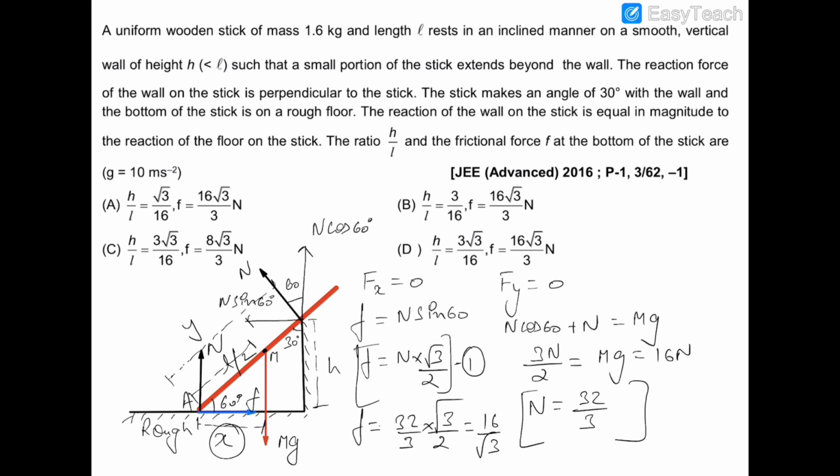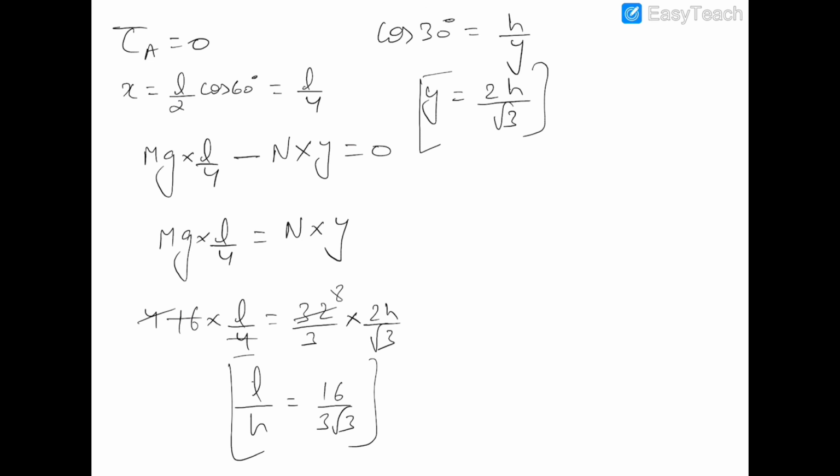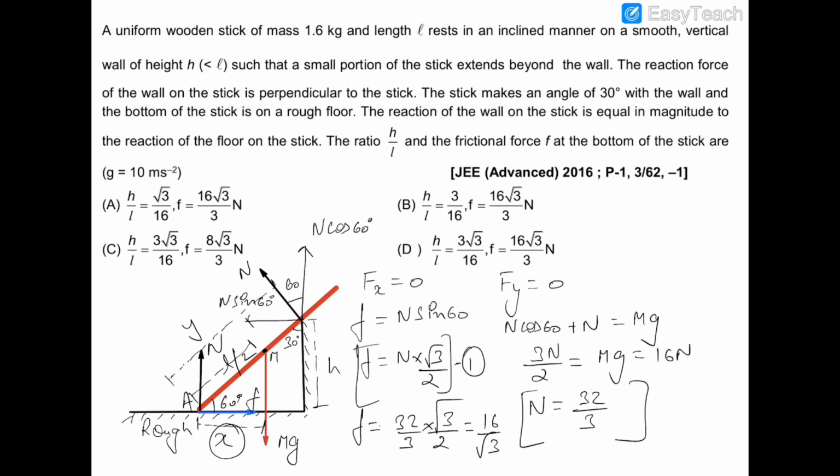So I guess we have to find out h by L. Yeah, so h by L will be equal to 3 root 3 by 16, and therefore the friction would be 16 upon root 3. So the correct option would be option number D.